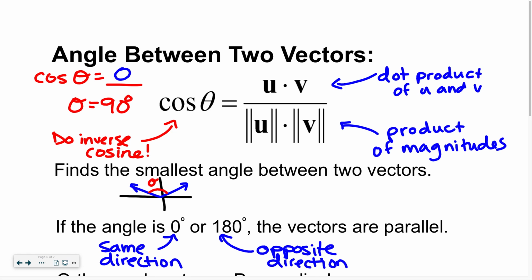What's the only way this fraction right here ever equals 0? If what part of it is 0? The numerator. The only time that your ratio of dot product to product of magnitudes will ever equal 0 is if your dot product is 0. 0 divided by anything is 0, right?